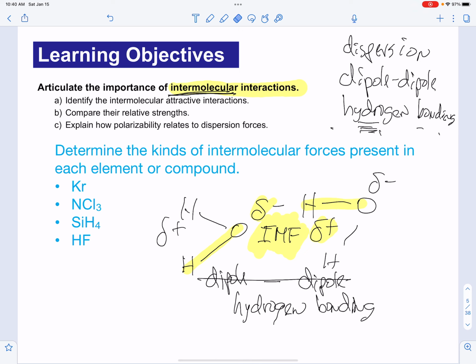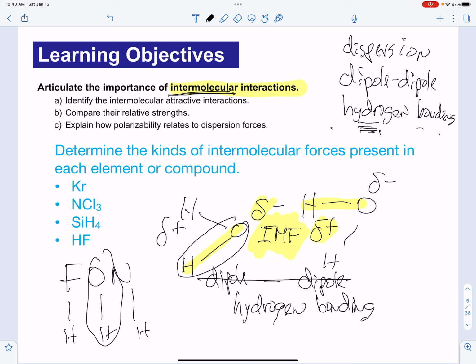Remember, you always have to have F, O, or N to understand this, right? You have to be able to find fluorine-hydrogen, oxygen-hydrogen, or nitrogen-hydrogen to even be thinking about hydrogen bonding. And that's what we found. We found one of them there.